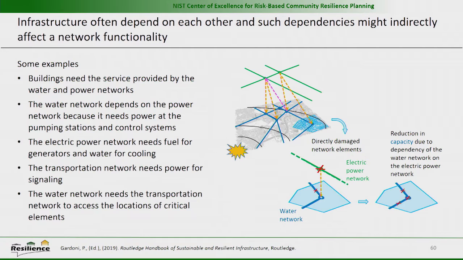Infrastructure often depend on each other, and such dependencies might indirectly affect a network functionality. Buildings, for example, need the service provided by the water and power networks. The water network depends on the power network because it needs power at the pumping station and control systems.